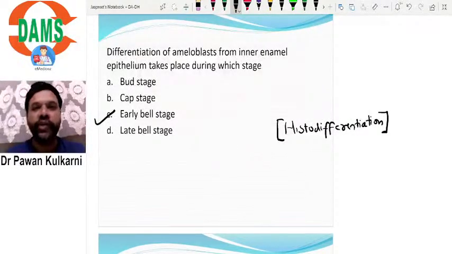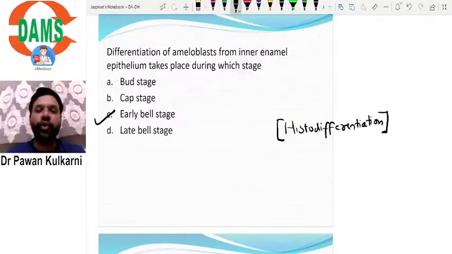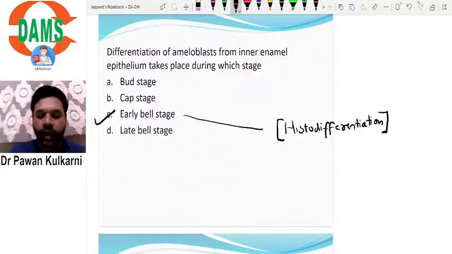In the same way, if asked about the differentiation of odontoblast from dental papilla cell, it also takes place during early Bell stage. This is what you have to remember: histodifferentiation occurs during early Bell stage.